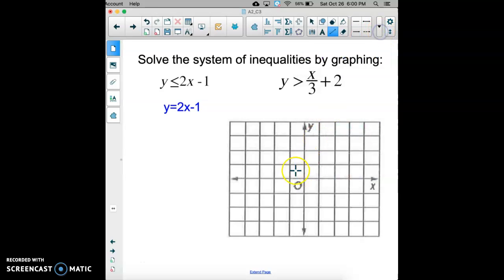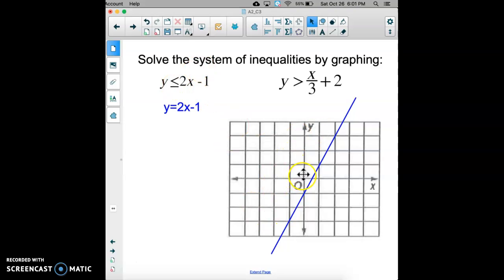All right, this line goes through the y-axis at -1, has a slope of +2, and you can shade everything if you want. So this one, once I get to this point, I say y is less than or equal to, so I could shade everything that worked.